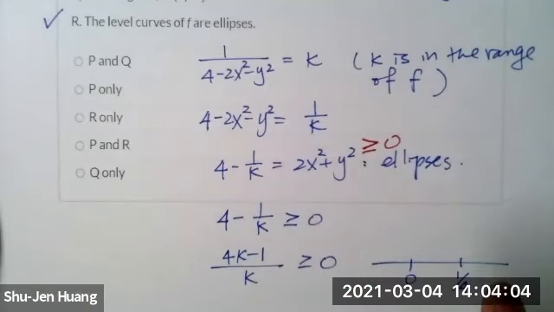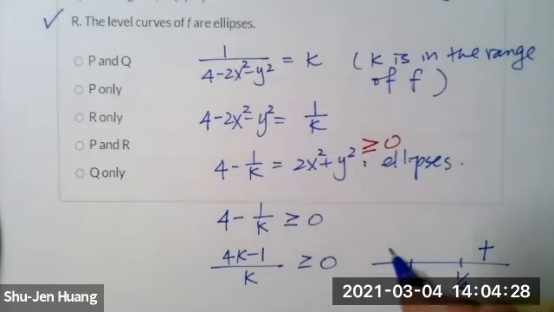For example, for the interval from 1/4 to infinity, pick something bigger than 1/4, let's say k equal 1. Plugging in k equal 1, we have positive over positive, so the whole thing is positive. You can do the same for the other 2 test intervals.